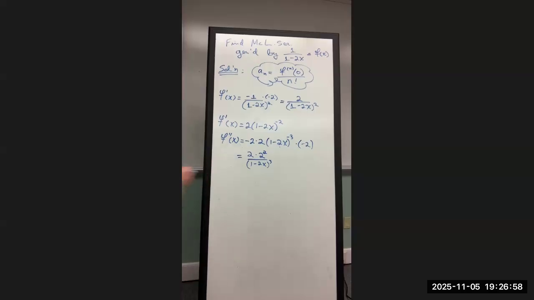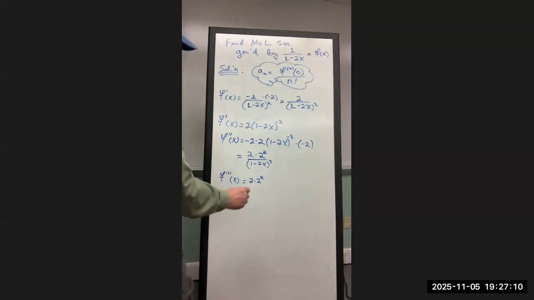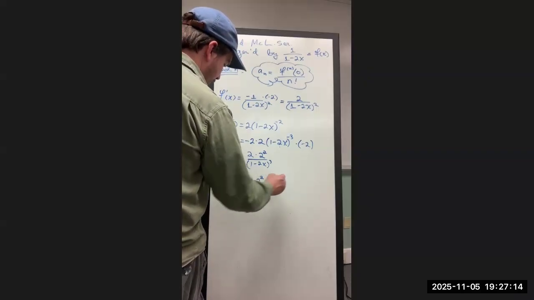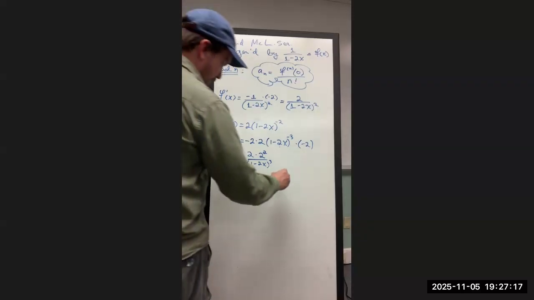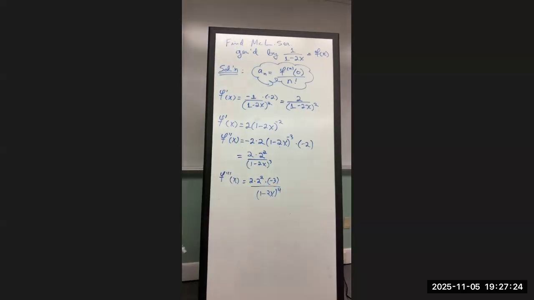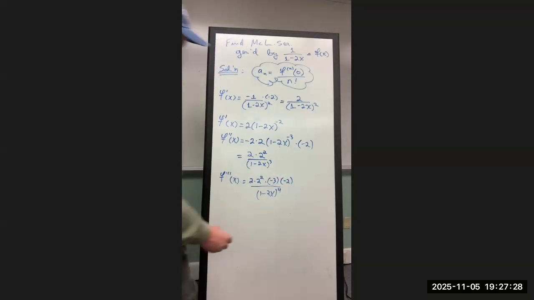So maybe 1 more derivative. Third derivative. We have the 2 and the 2 squared already. We're going to get a negative 3 from the power, then 1 minus 2x in the bottom to the fourth power, and we'll get another negative 2 coming out from the interior of the function.